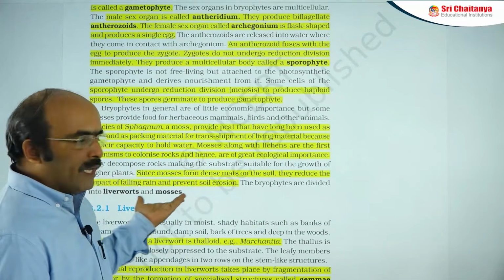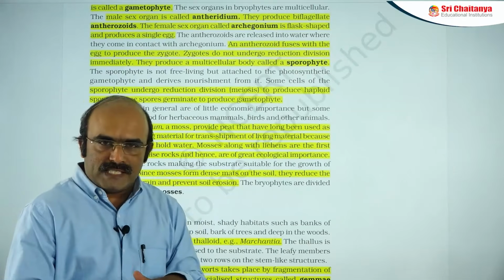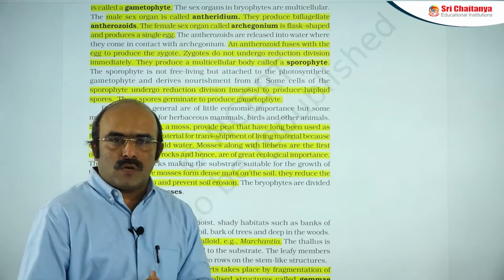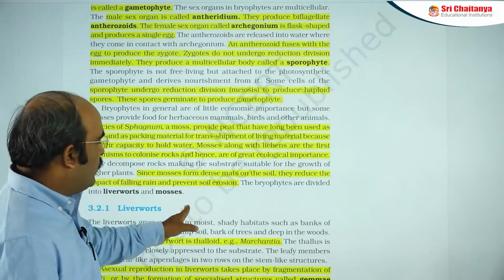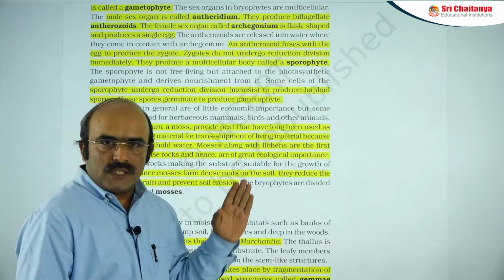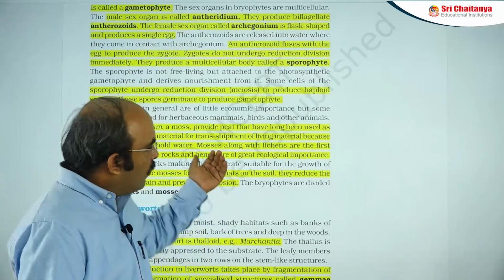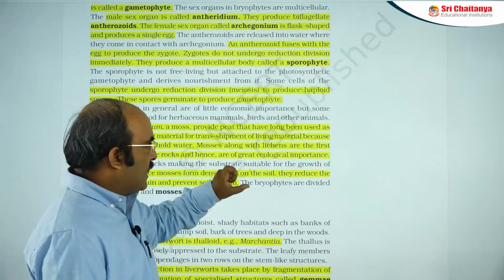Then the second one is that mosses form dense mats on the surface of the soil, and they reduce the impact of falling rain and prevent soil erosion. So this is on the positive side, ecologically important aspects.